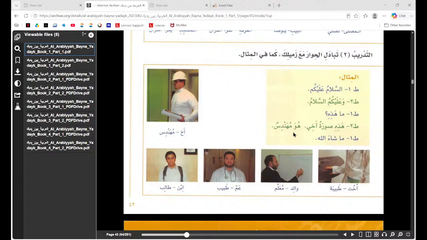And هو مهندس. So why did he say ma hadhihi? Why did he use the feminine, what they call ismul ishara, the noun of pointing, if he's saying هذه صورة الأخي وهو مهندس? So he's saying this is a picture of my brother, and he's an engineer.